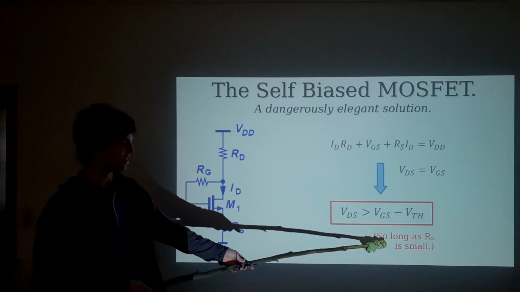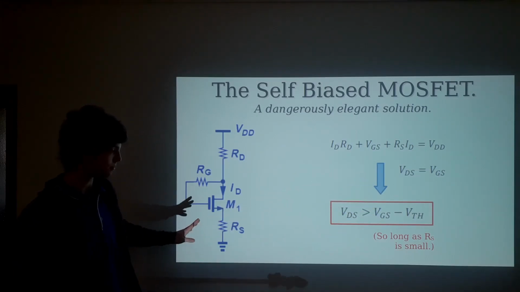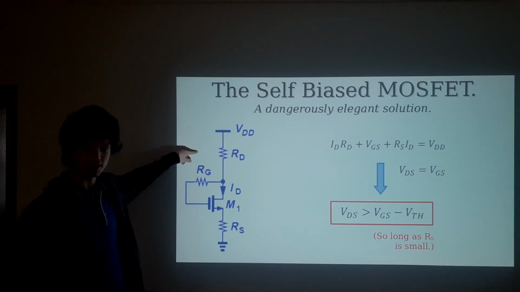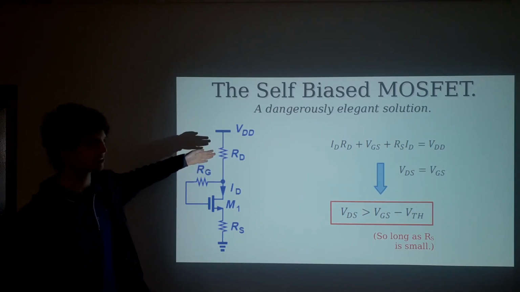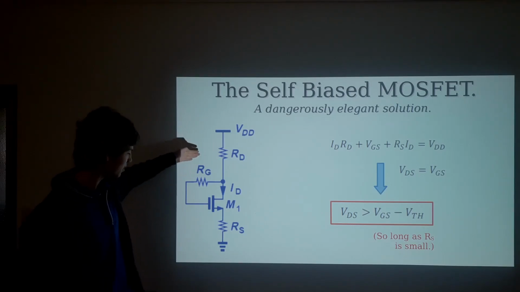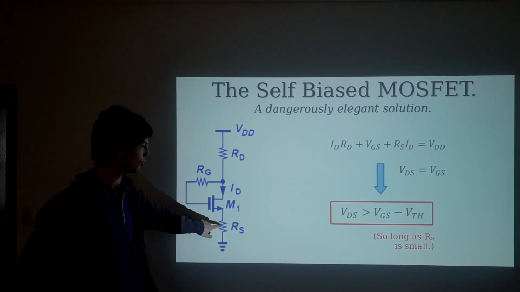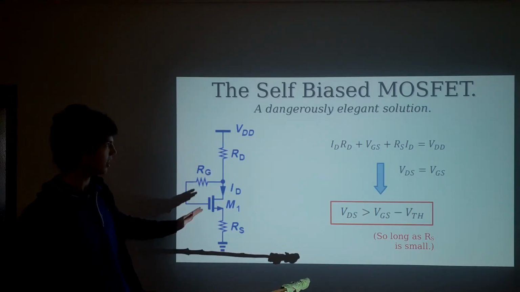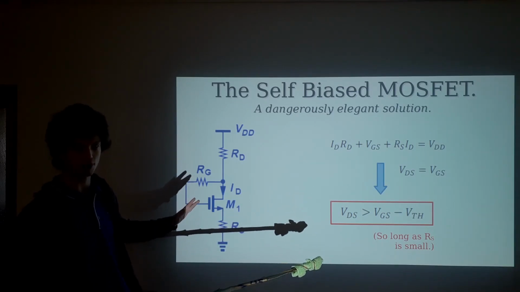And that's the dangerous part. It's easy to get that wrong. Be careful of it. But in most cases, this arrangement is going to mostly guarantee you, that's not much of a guarantee, is it? But if you have a fairly small resistor on your source, then this arrangement is going to get you a MOSFET that is in the saturation region and that you can use for amplifiers.